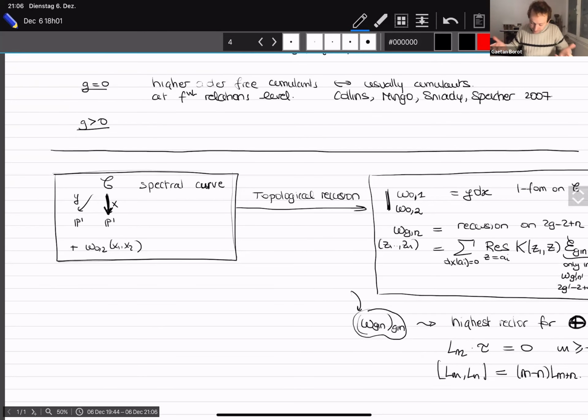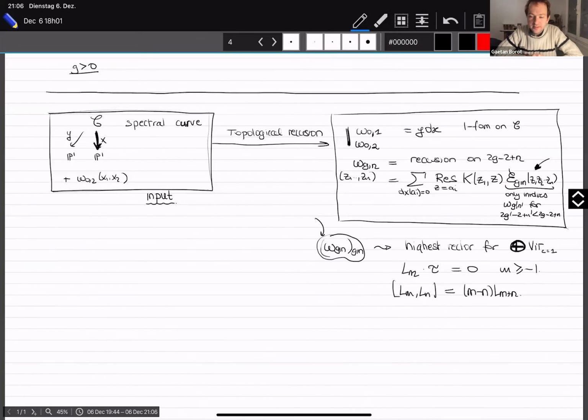And the reason why we're interested in that is because these omega g n, if you fix a certain spectral curve, like the one coming from a Hurwitz counting problem, so the counting of disks, or if you take the spectral curve of an integrable system given by a Lax pair, or if you take the spectral curve of a matrix model encoding the way the eigenvalues behave in the large N limit, the omega g n in this case is going to compute, essentially to solve your problem completely by this induction. The only thing that changes in the initial data is the input, which is the spectral curve. So in 5 minutes, that's what I can say.